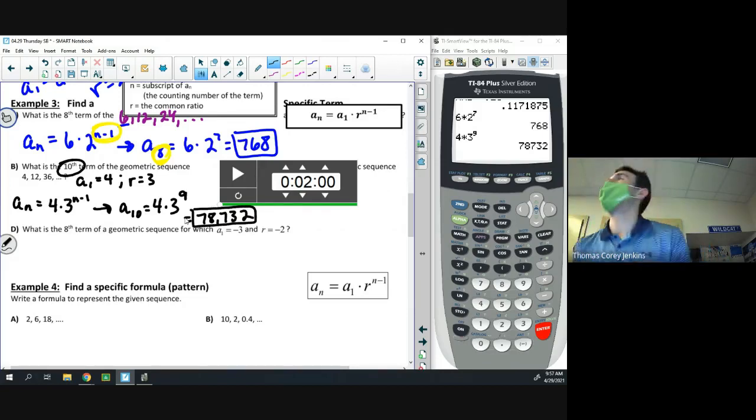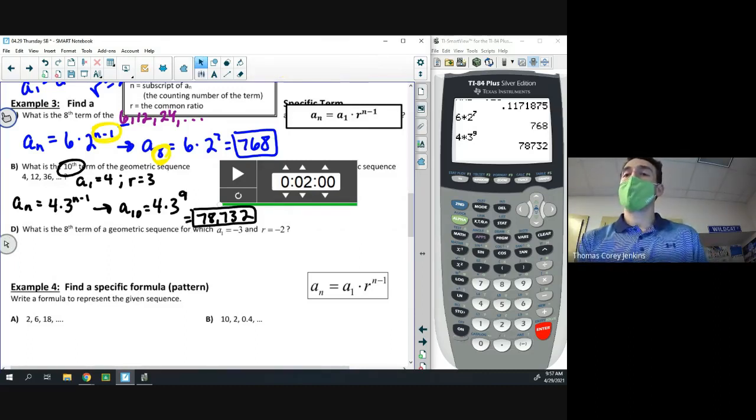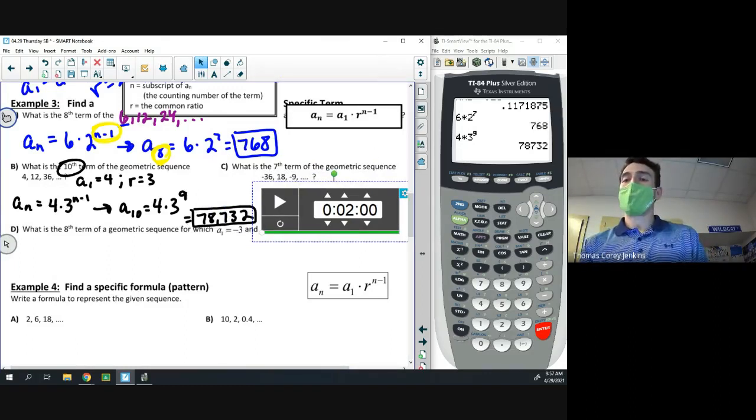And we know with that exponential growth curve, they do start to increase exponentially, so they can get big fast, okay? Any questions before I have you all try the next couple, C and D? Everybody with me? All right, go ahead and try those. C and D.